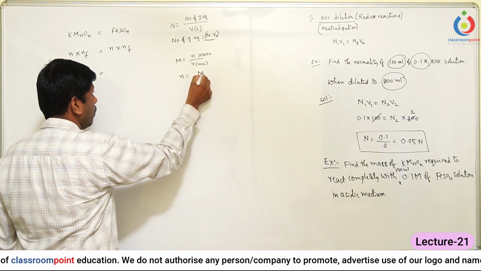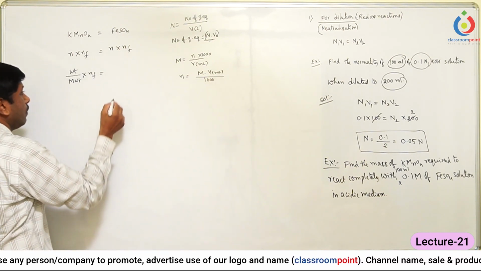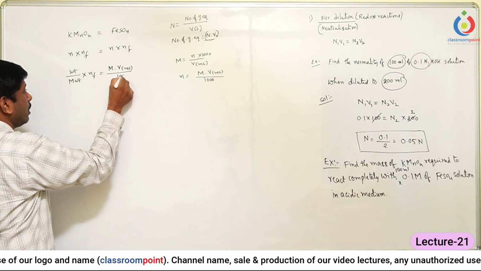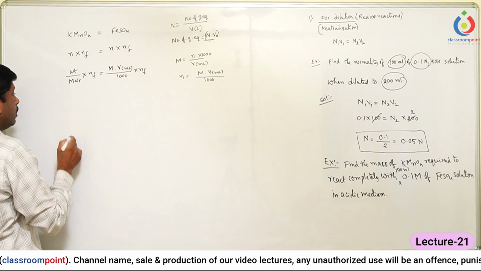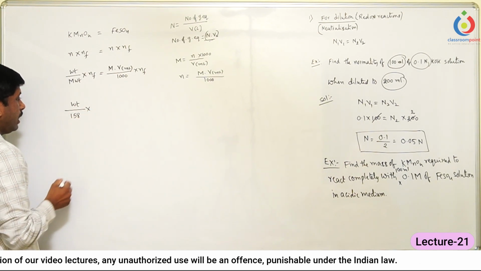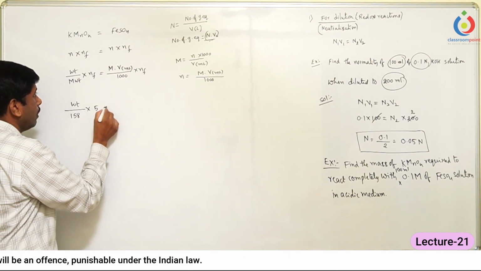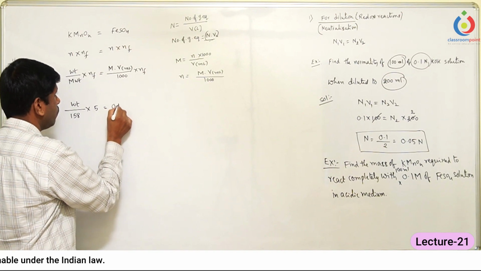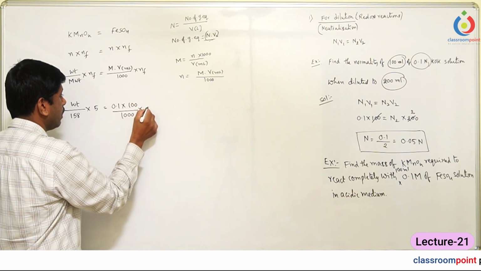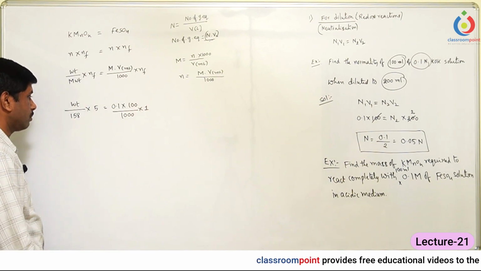So N equals molarity into volume of solution in milliliters divided by 1000, into n factor. The weight of KMnO4 we don't know. The molecular mass of KMnO4 is 158. The n factor of KMnO4 in acidic solution is 5. Molarity is given as 0.1 and the volume is 100 divided by 1000, into the n factor of FeSO4, which on reaction with KMnO4 is 1.